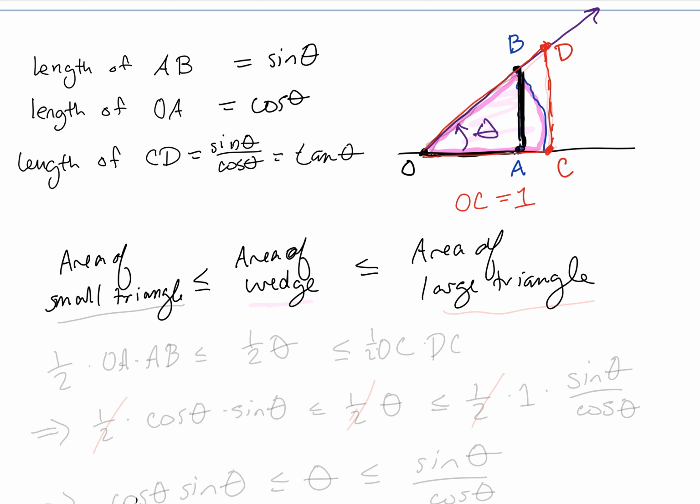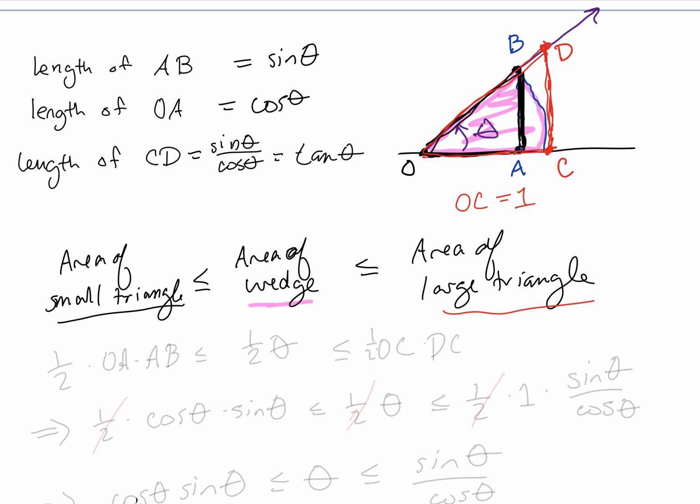So we've got our wedge, that pink highlighted pizza pie piece, our small triangle in black, and the large triangle in red. And so clearly that's going to be true for any angle theta. This will always work no matter what theta is.